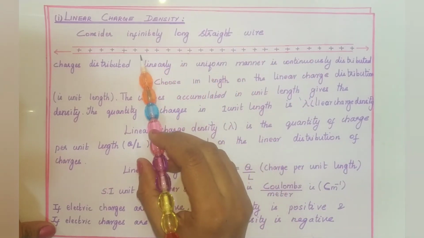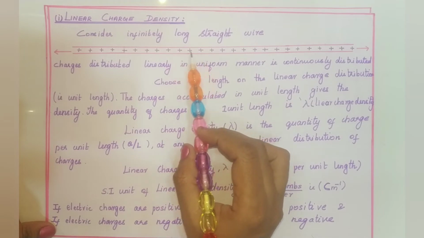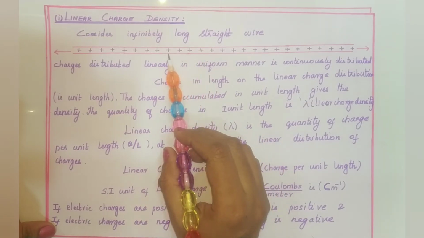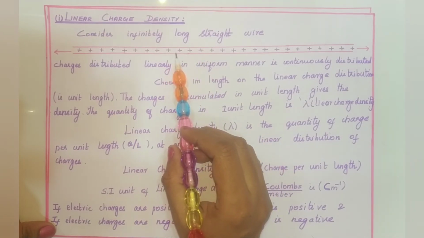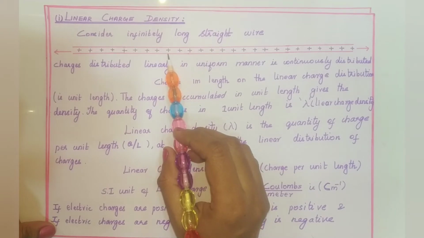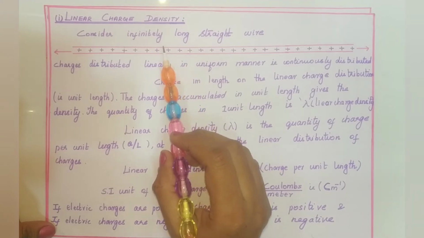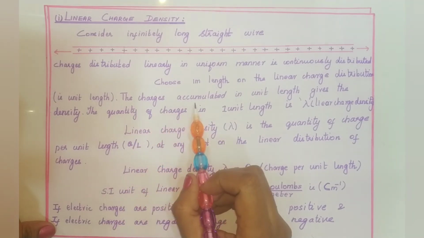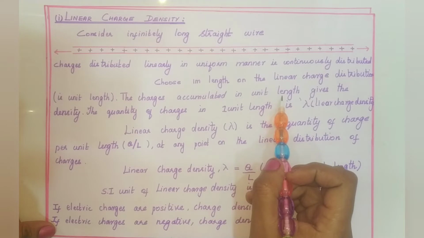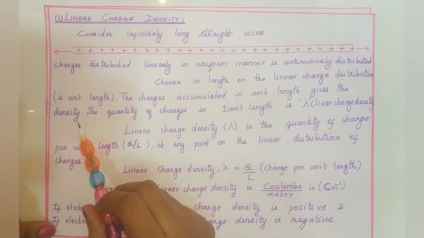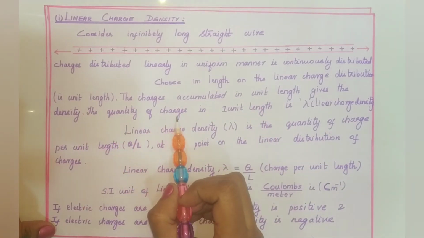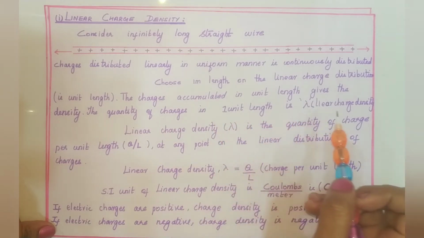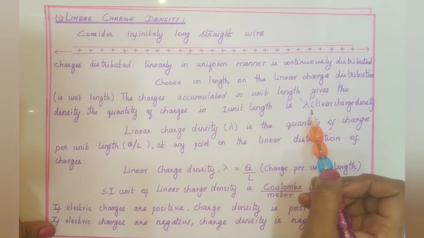Here, when we take a 1 meter length of this wire, some charges will be accumulated, isn't it? And that quantity of charge accumulated in unit length gives the linear charge density. The density of charges in 1 unit length is represented by lambda.